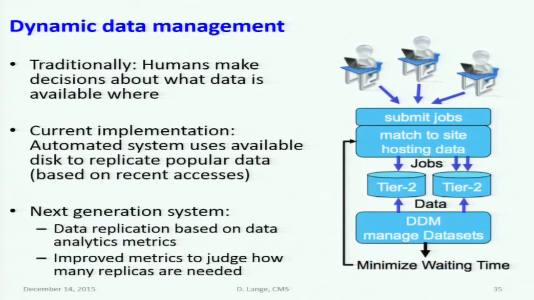Because of course what you want to do is, users are asking for data sets, and you want to minimize how long they have to wait for them. That's the goal of the system. What we're looking at is how we can make this better. You can imagine making a much more sophisticated metric, using data analytics to be a bit more predictive than we are. We're essentially making adjustments every few days based on what we've seen lately, and then generally how to improve metrics.